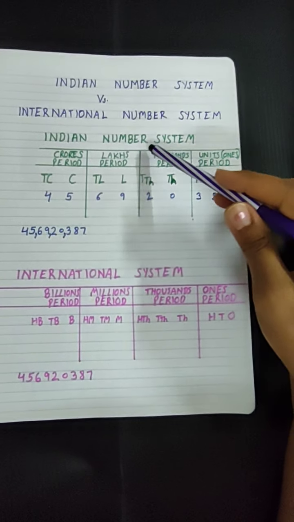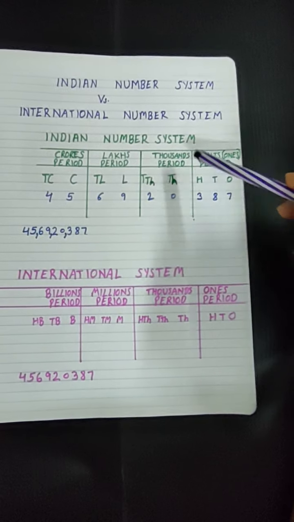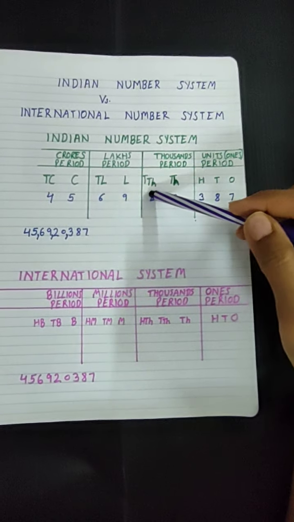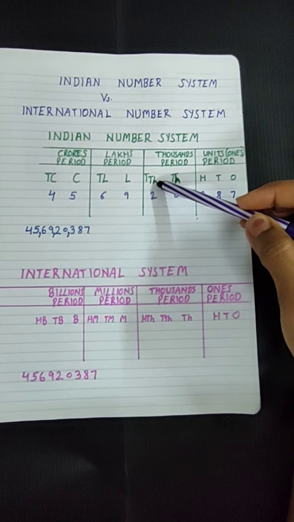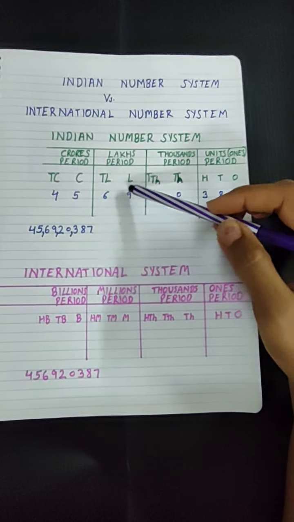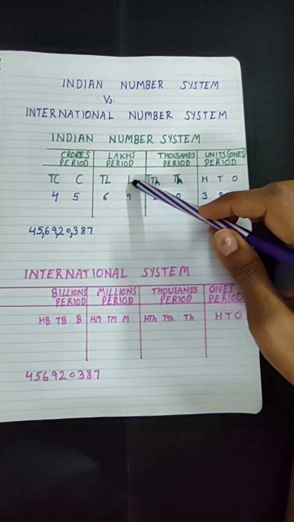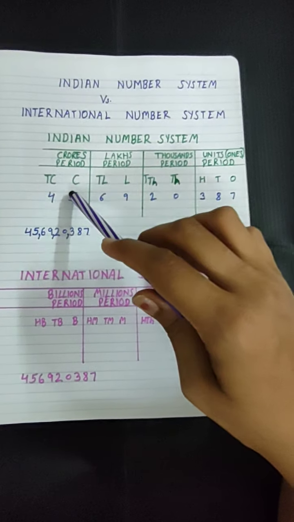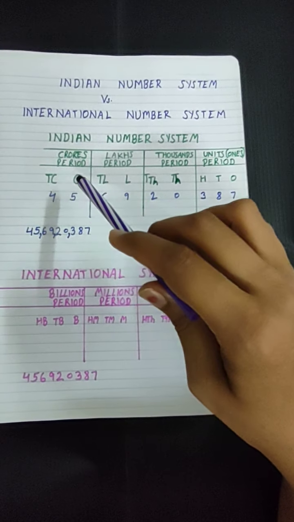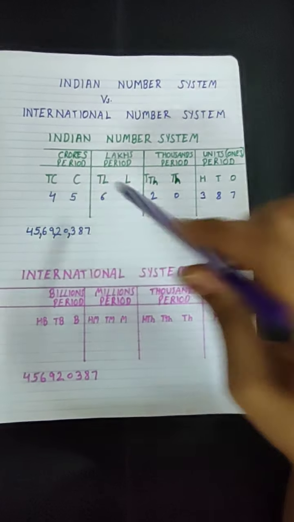The next period is thousands period. Unlike units period which has three places, thousands period has two places, namely thousands and 10,000s. Similarly, there are two places in the next period, which is known as lakhs period, and the place names are lakh, 10 lakh. The next period is crores period and the place names in this period are crore and 10 crore.